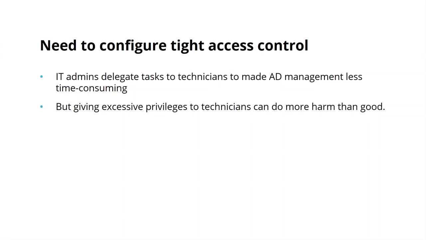Now, when you're delegating permissions to technicians, the intent is that you reduce the load and assign menial tasks to the technicians, let's say resetting passwords or unlocking user accounts. All of that is fine, but if you're giving certain permissions to technicians and those privileges are misused, like if you're using the built-in delegation control wizard, delegation can be tricky in that.